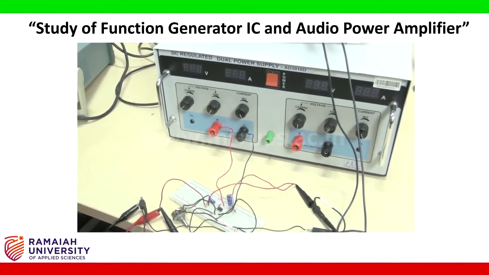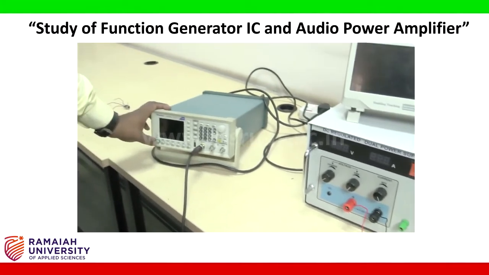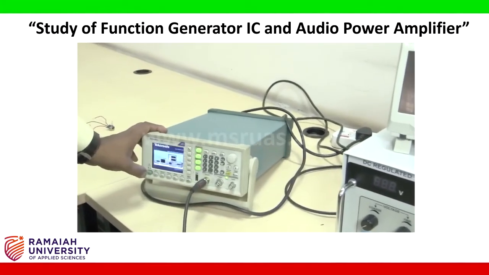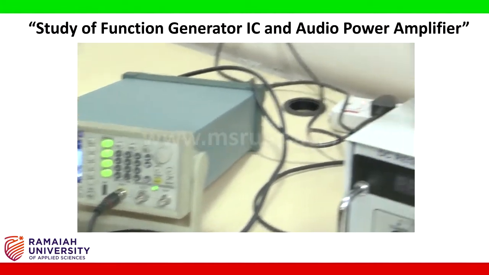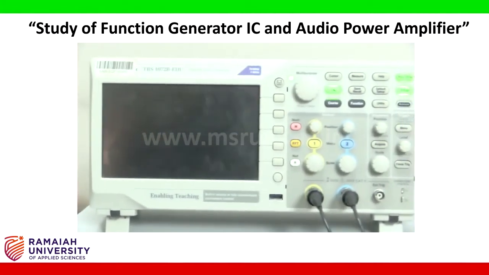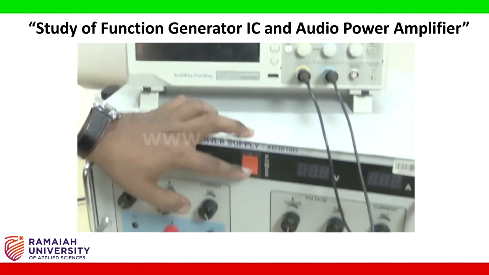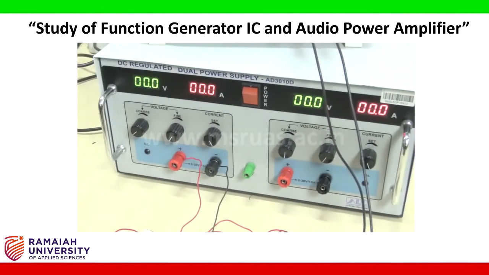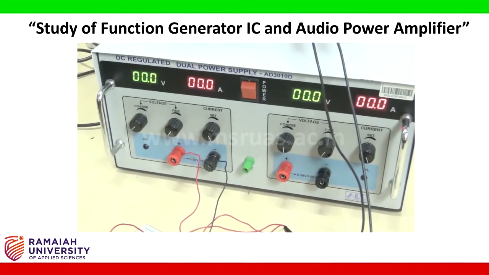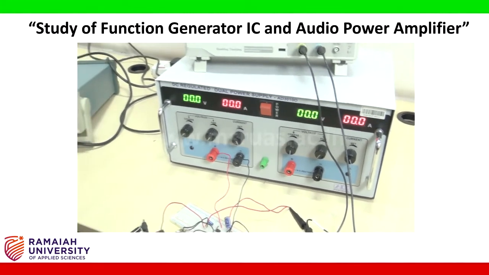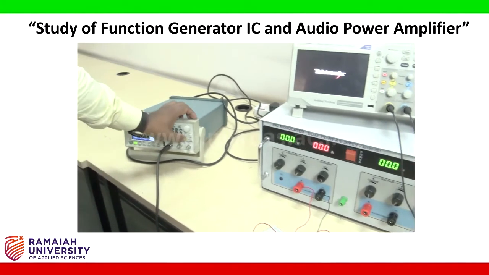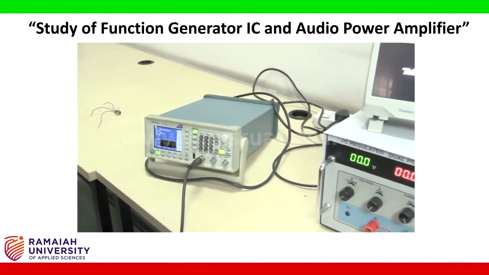Now you switch on the signal generator, switch on the digital oscilloscope, switch on the DC regulated power supply, and switch on the output mode in the signal generator.